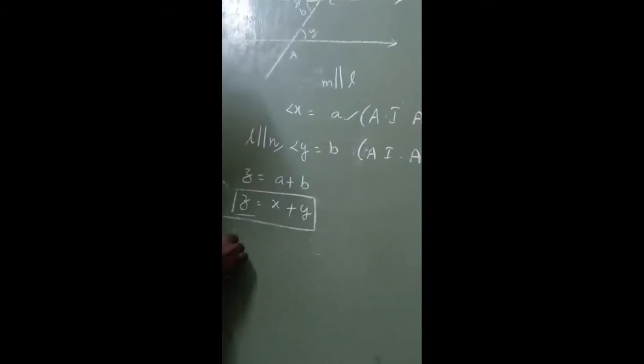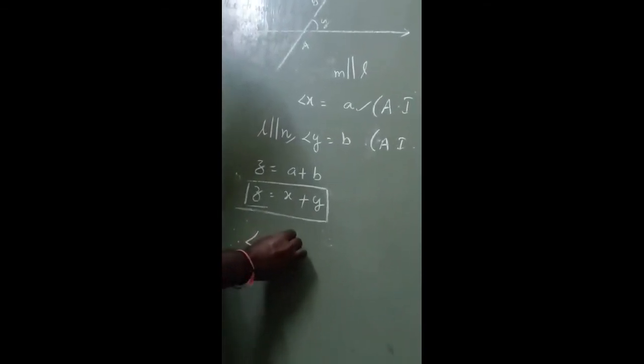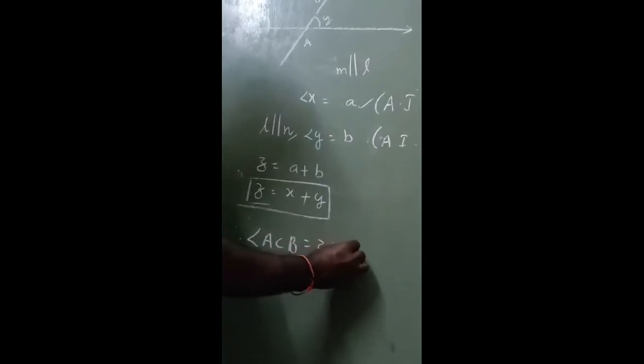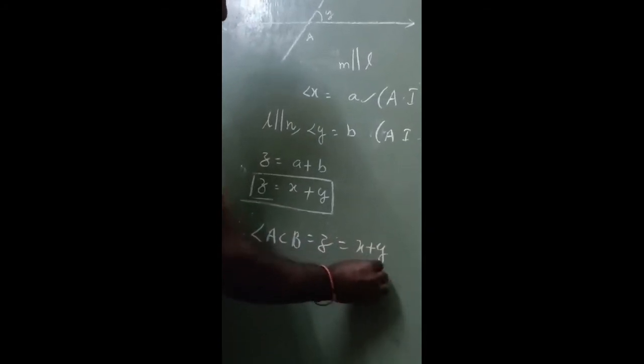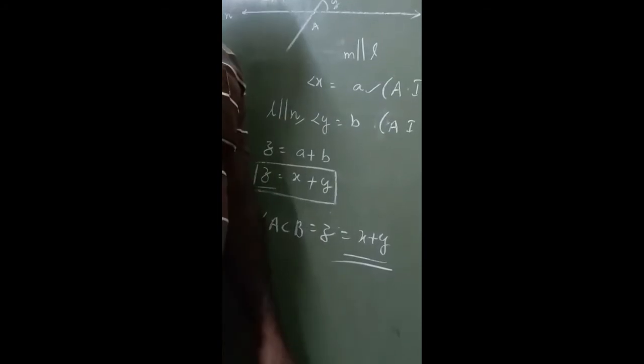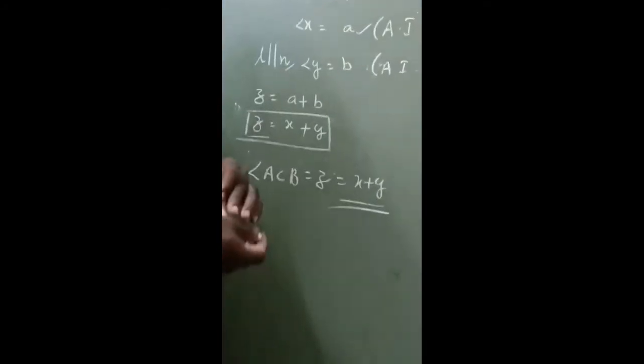Therefore, angle ACB is equal to Z, which is equal to X plus Y. Note down, friends.